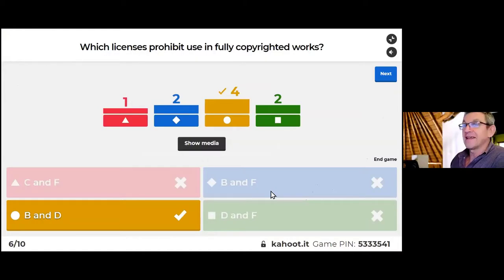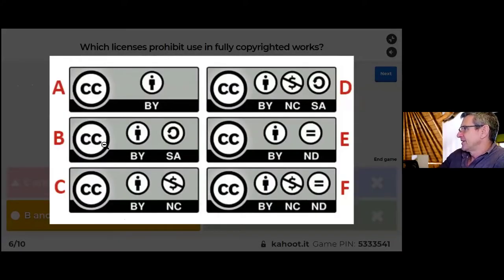All right, well, hey, that was good. Well done. The vast majority of you went for B and D. So let's have a look at B and D. So B, here it is, BY-SA, and D, BY-NC-SA. So it's these SAs which restrict you from moving it elsewhere. A textbook is fully copyrighted, but you couldn't now use these OERs in that textbook.